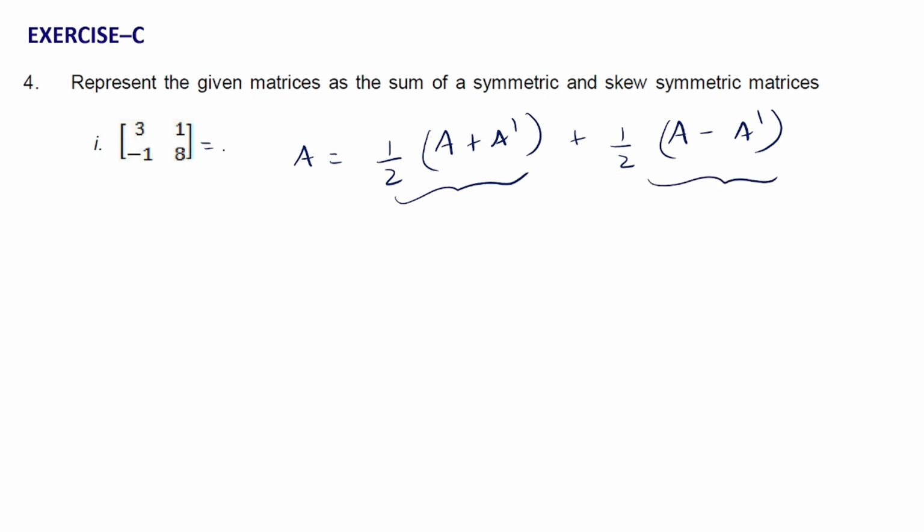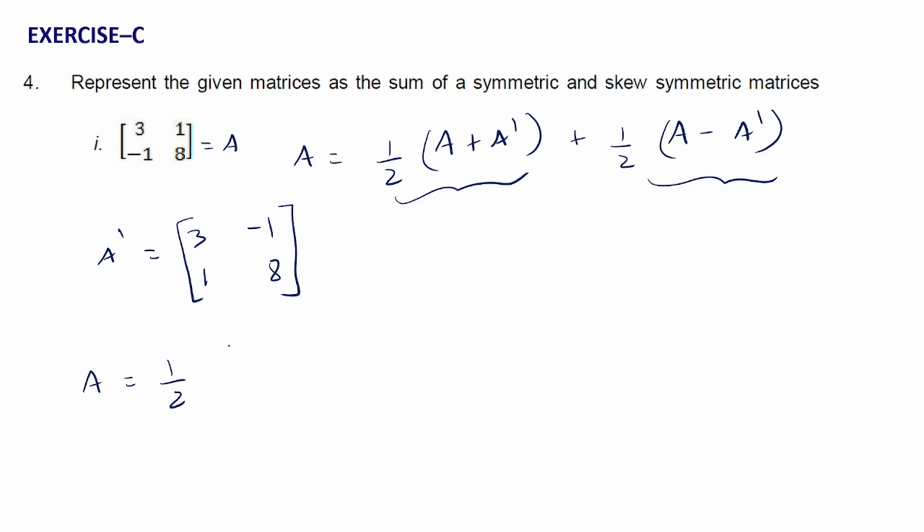So if we take this matrix as equal to A, let us find A transpose. A transpose will be 3, 3, 1, minus 1, 8. So we can write A is equal to half of A plus A transpose. So A plus A transpose means we have to add these two matrices.